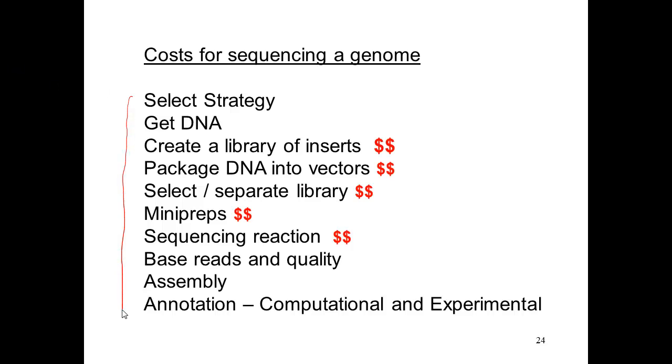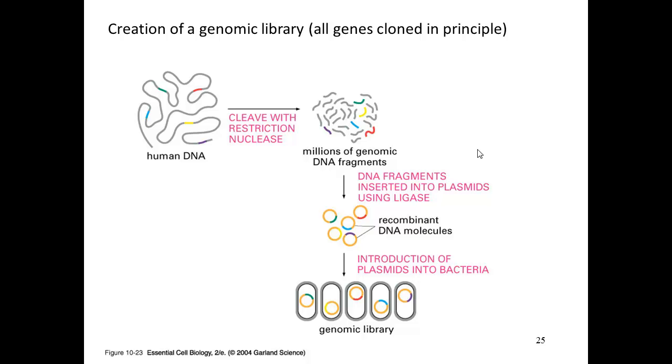We discussed the many steps needed to sequence a genome, and we also pointed out the steps which were very expensive and have been eliminated in the next generation sequencing or modern sequencing, which is responsible for the tremendous price drop which we just spoke about.